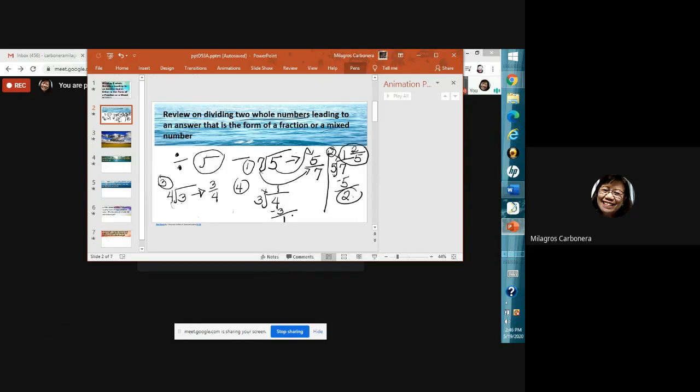Now, what would I do with this 1? I am going to divide 1 by 3. But since I cannot get a group of 3 in a 1, I express it as a fraction. My extra would be my numerator, and my denominator is my divisor. So the answer is 1 and 1/3.